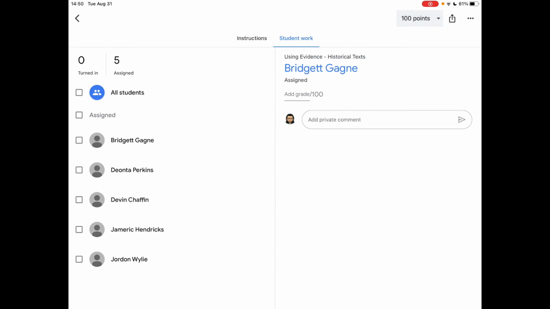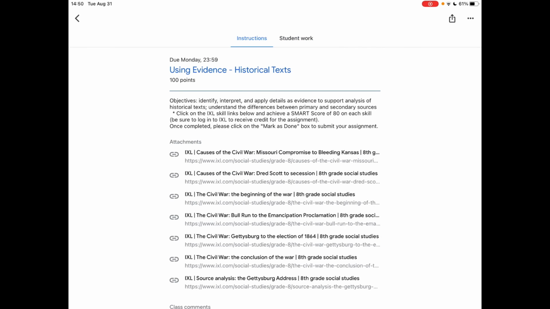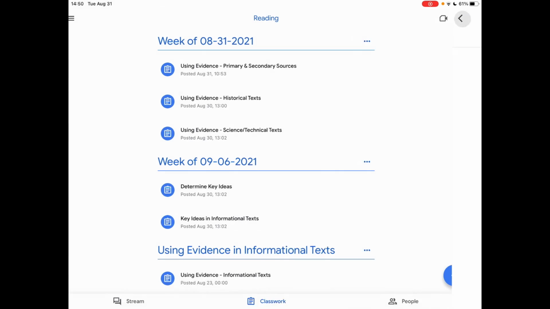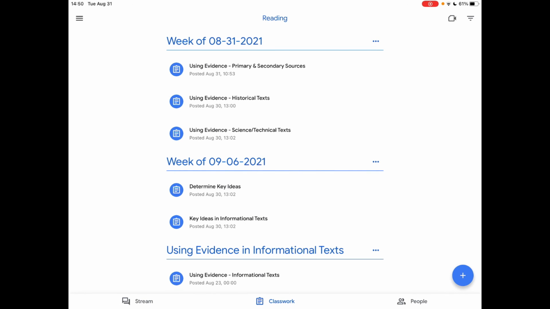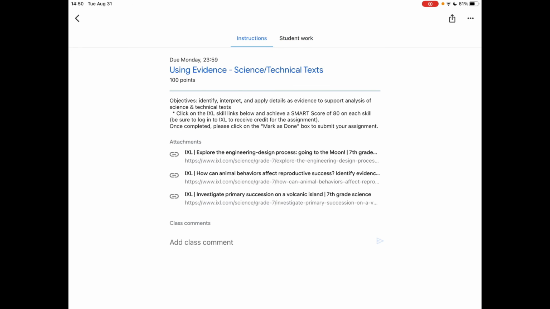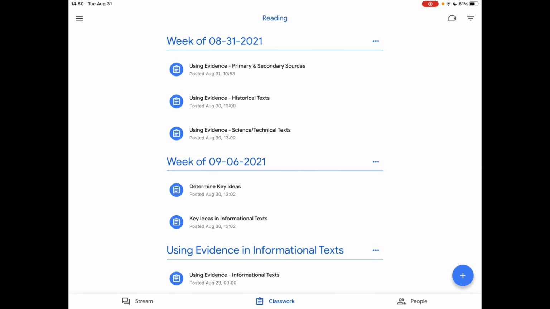Using evidence, historical texts includes the following IXL skills. And using evidence, science, and technical texts includes 3 IXL skills. So you should have a total of 10 IXLs to complete.